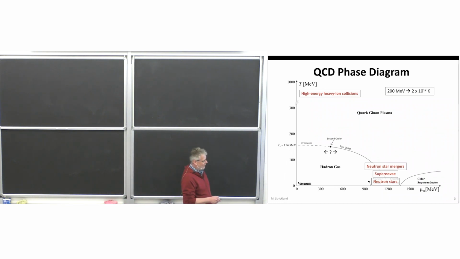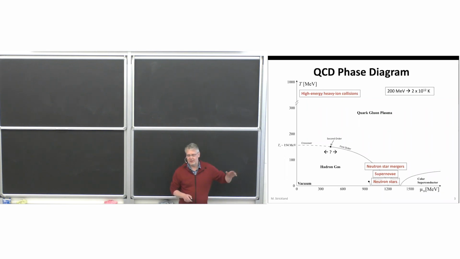Now, once you get past that second order phase transition point, it becomes first order. Again, it might be a crossover all the way down. Nobody knows. That's your job as the future physicist studying this topic, to help us figure out the details of this part of the phase diagram. This part of the phase diagram, if we just focus our attention on mu b equal to 0 or very close to 0, is very well understood, and we have a very good understanding of what this crossover phase transition temperature is here.